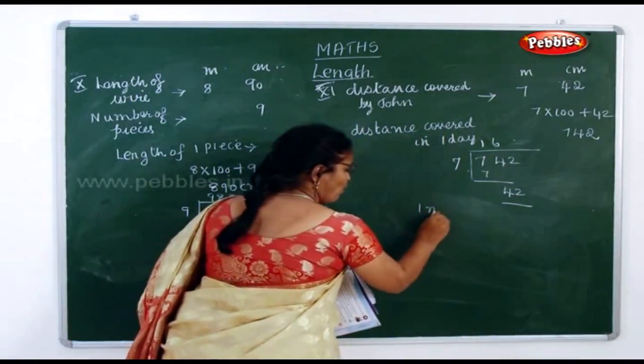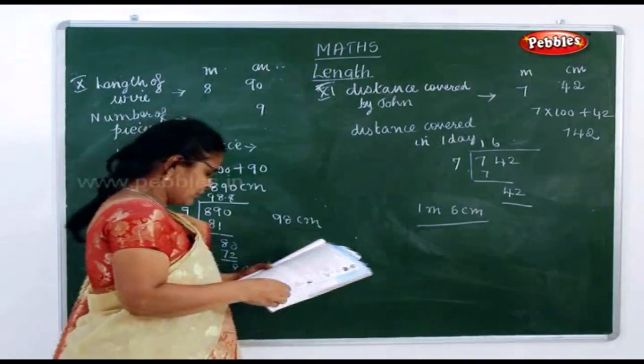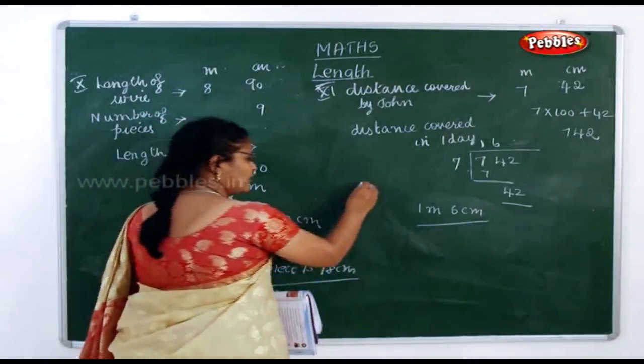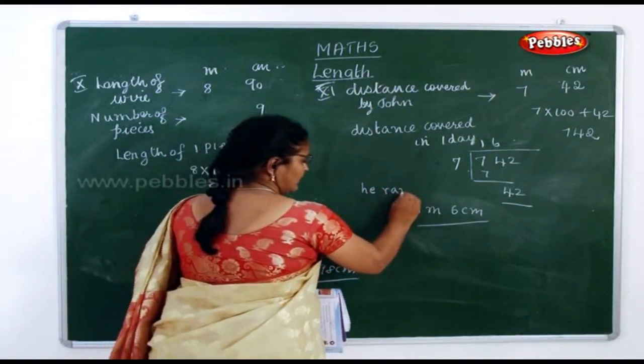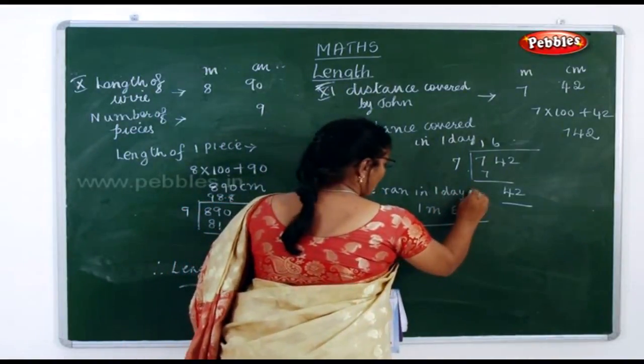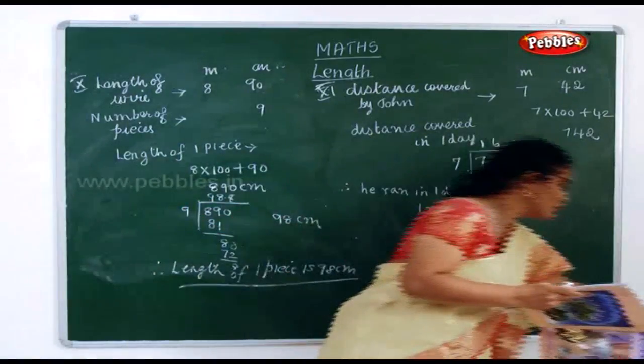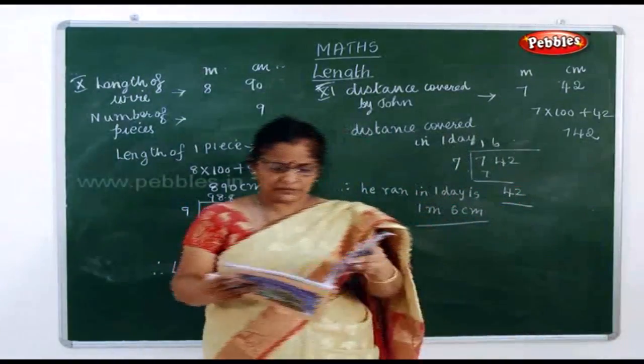So you will write 1 meter and 6 centimeter he has covered. Therefore he ran in one day 1 meter and 6 centimeter. So this is how you have to do your practice time sums.